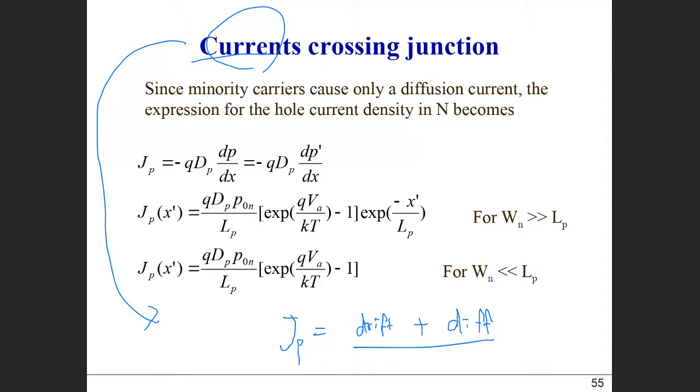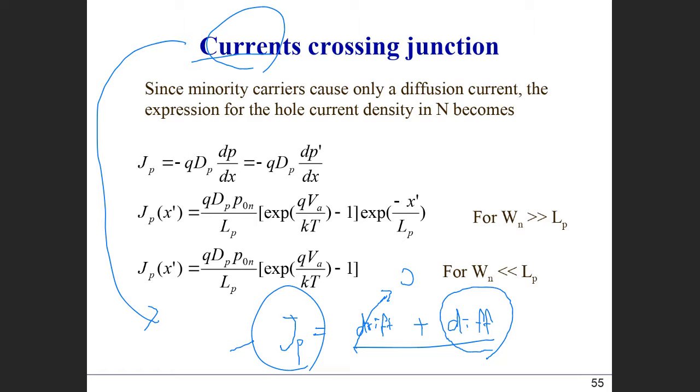To calculate the hole current, in the previous slide we obtained the hole concentration. Especially in the neutral region, as I mentioned, the electric field is almost zero, so we can neglect the contribution of the drift current. So the current is limited by the diffusion current.